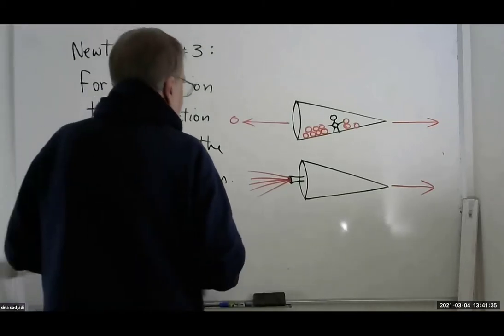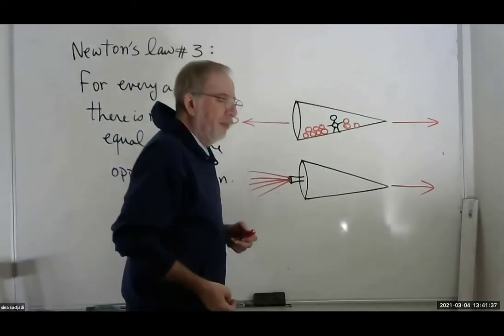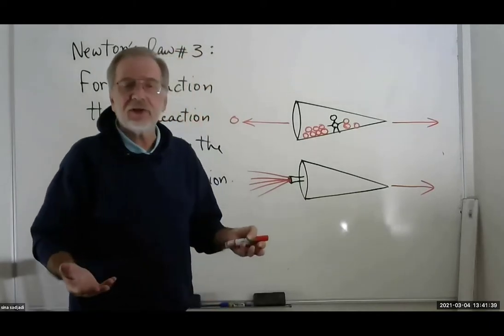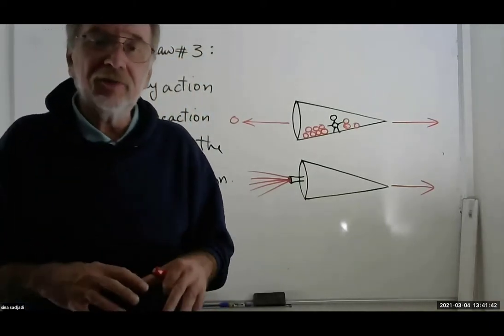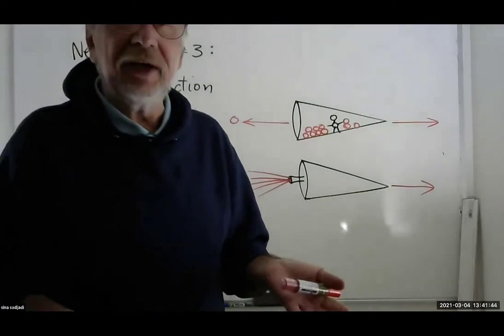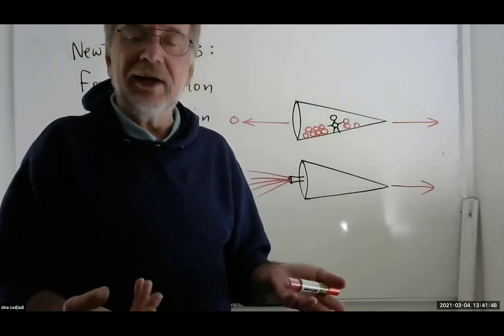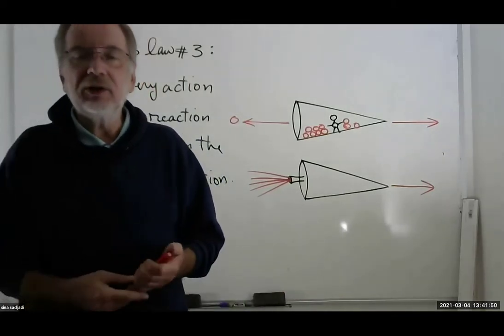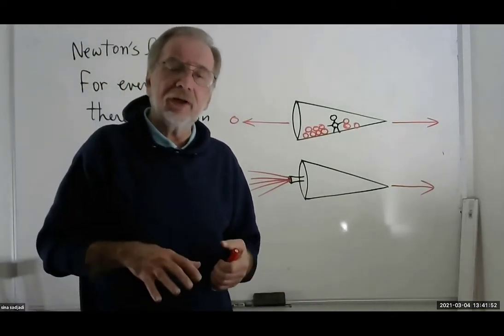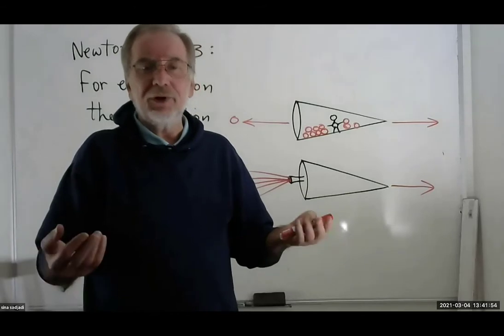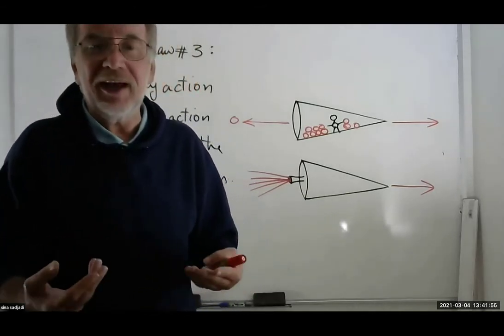Now, what if this is an asteroid or a comet and it's outgassing? Inside comets, there's a lot of ice, and this ice becomes gas in space. There is no liquid in space. You need to be on Earth to have liquid, because to have liquid you have to have an atmosphere.